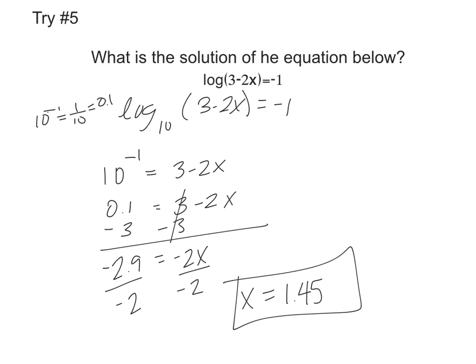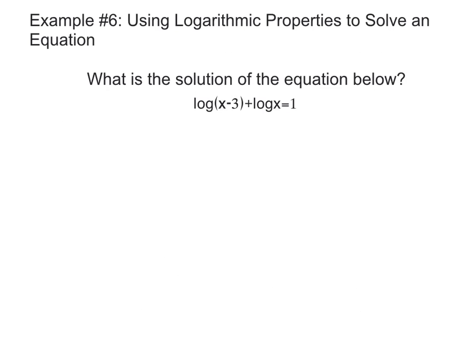All right, let's look at our last example. All right, it says, what is the solution of the equation below? All right, so in this case, we're kind of going back to our log properties. Remember, when you see addition, it really means multiplication. Okay, they both have a common base of 10, right?